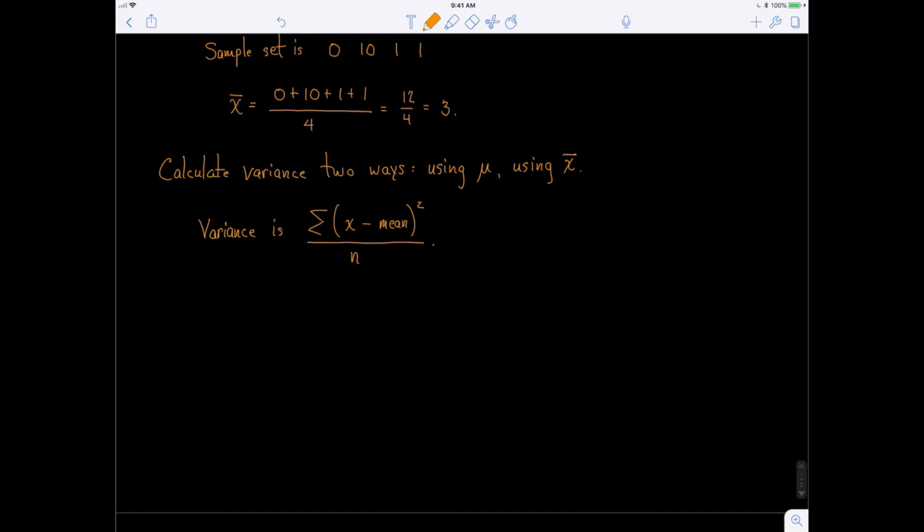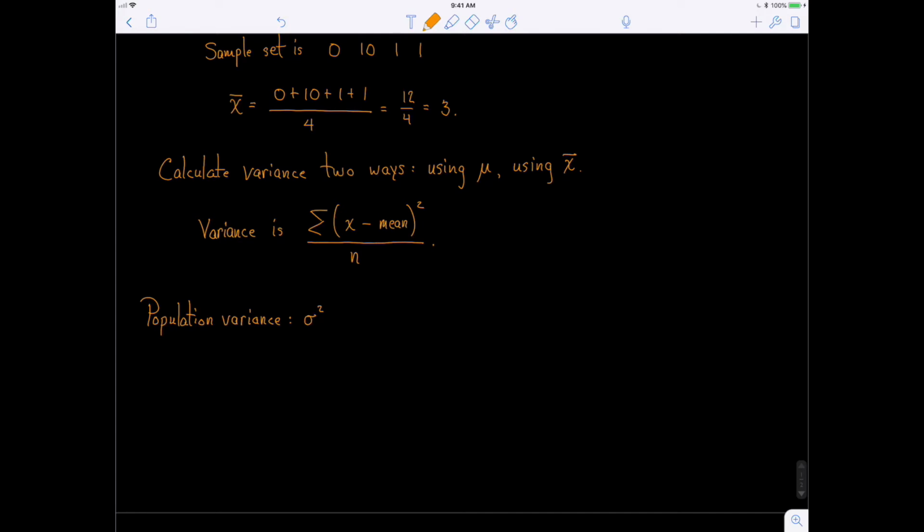The first one is called the population method, the population variance. In the population variance, we use this lowercase squiggly circle. It's called sigma.